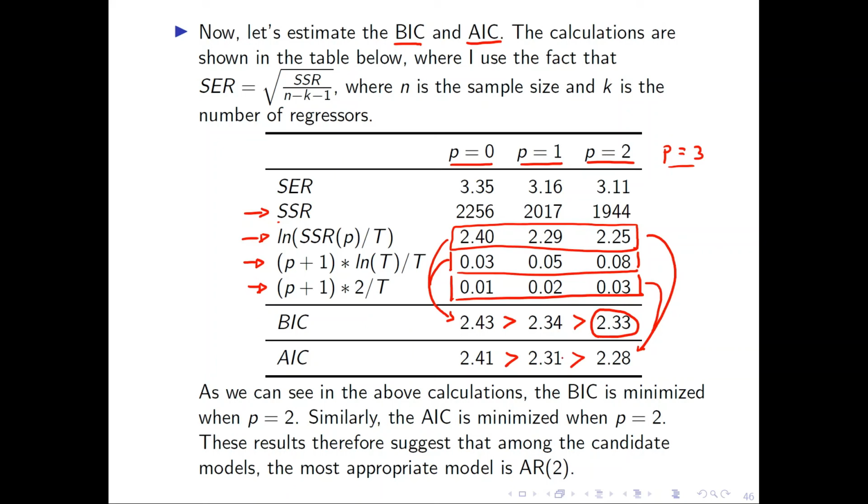You would choose the lag order which minimizes this Akaike information criteria. And in our case, both the Bayesian information criteria and the Akaike information criteria are lowest for the same lag length, so we choose, based on these information criteria, the model with 2 lags.